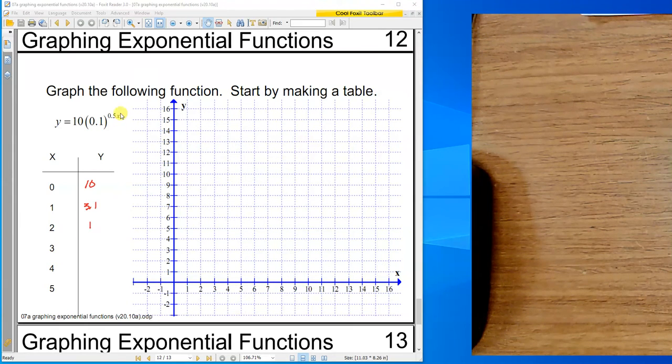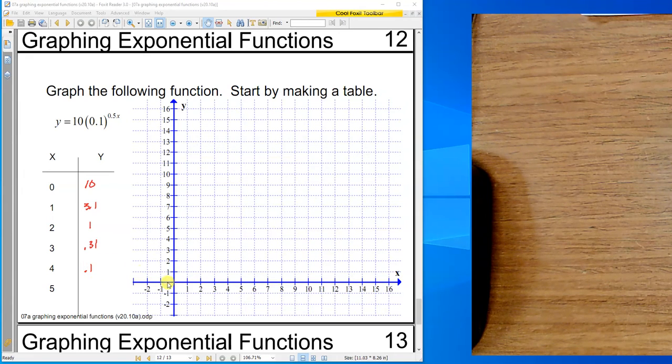Half of 3 is 1.5, so I'm doing 0.1 raised to the 1.5 power times 10 is 0.31. Something went wrong. Half of 4 is 2. So 0.1 to the second power times 10 is 0.1.